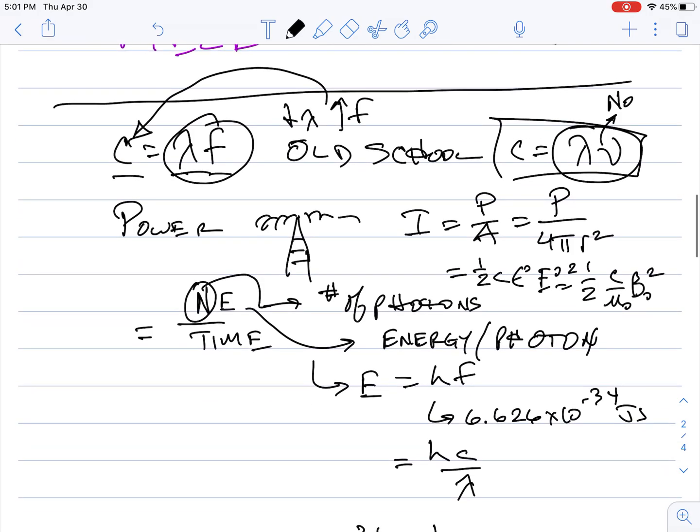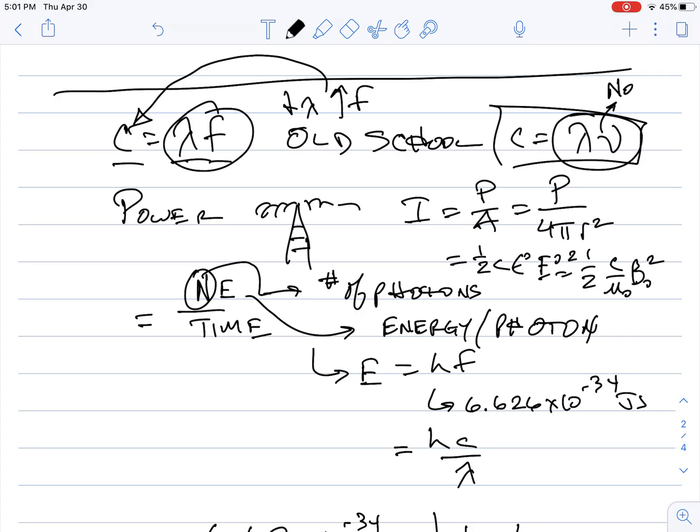Okay, now, when you talk about power and intensity, and again, this is kind of a refresher of what we've done. Remember, intensity is power divided by area, otherwise known as watts per square meter. So obviously, if you have a smaller area, you're going to have a more intense situation.